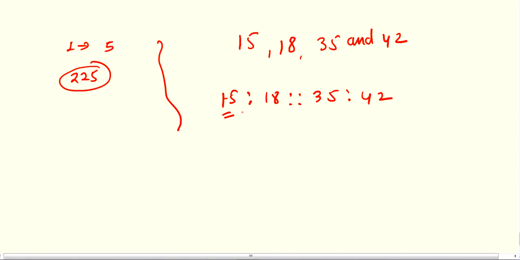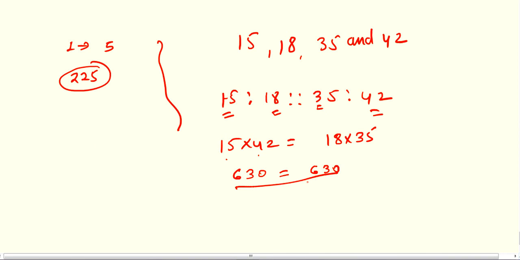The same thing: first into last, product of extremes will equal the product of means, second and third. So 15 into 42 you will get 630, and 18 into 35 you will get 630.